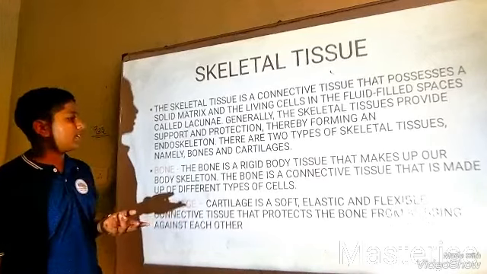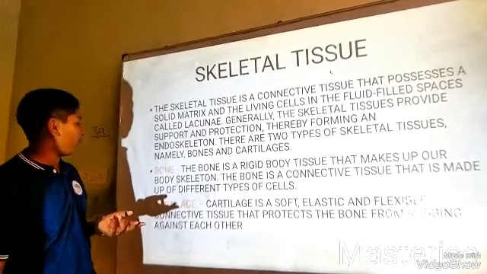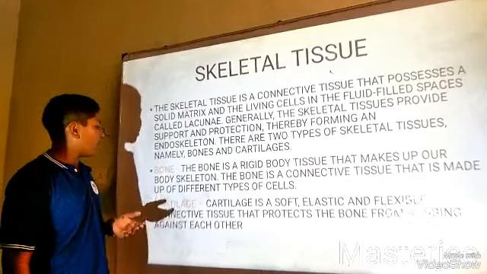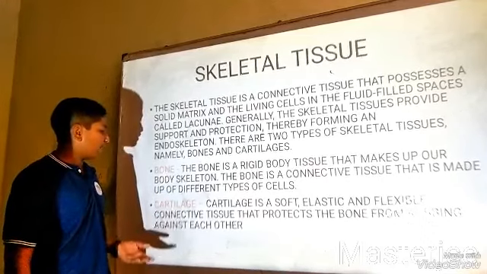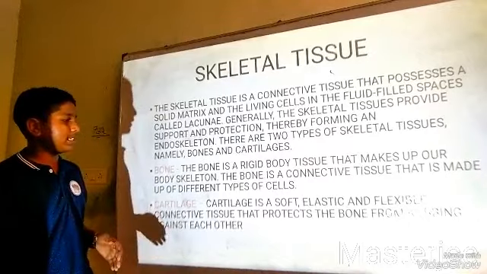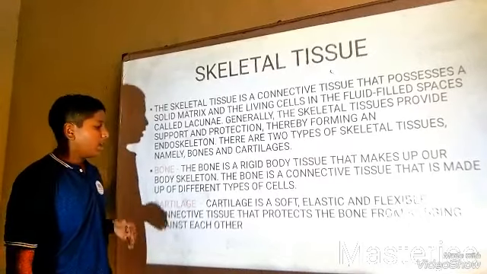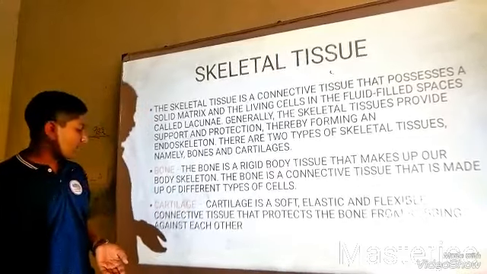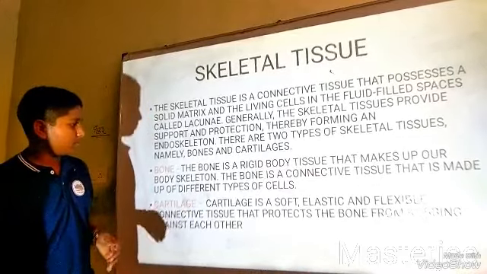Bone is a rigid tissue that makes up our body skeleton. The bone is a connective tissue made up of different types of cells. Cartilage. Cartilage is a soft, elastic, and flexible connective tissue that protects the bones from rubbing against each other.